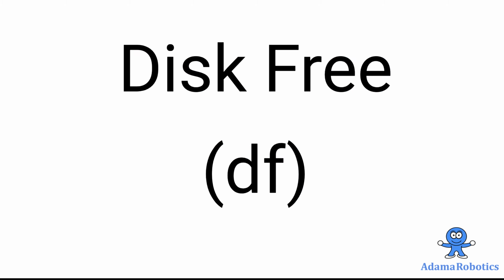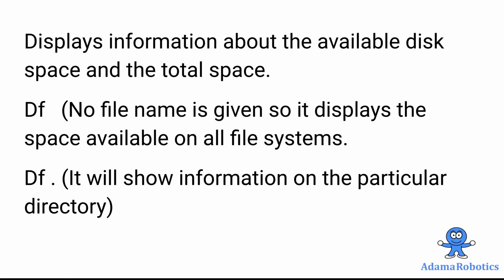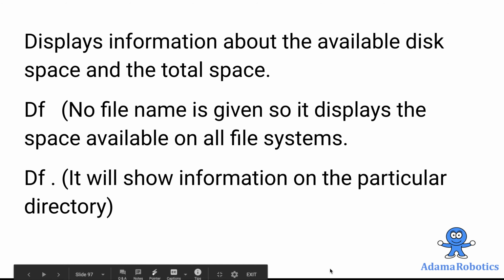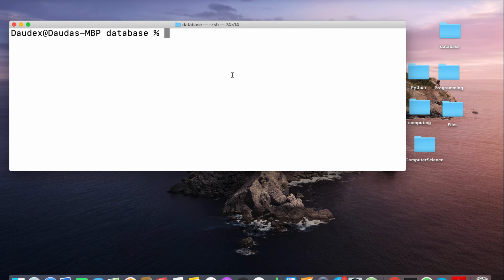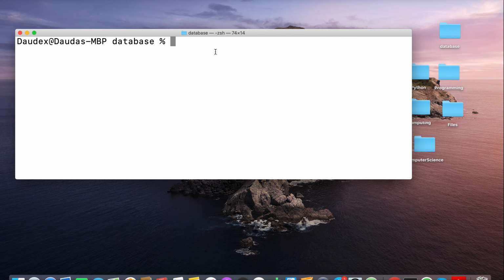Okay, let's get started with the disk-free command. So the disk-free command, df command, displays information available in your disk space and also shows you the total space available. And it's very straightforward. I'm going to open the web terminal, and currently I am in this folder. So what I will do, I'll go to the desktop.